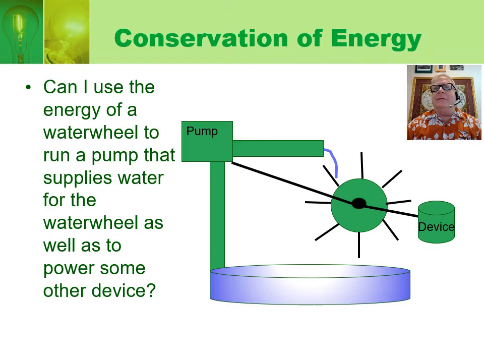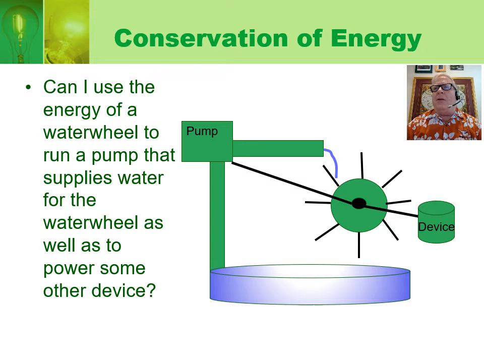We realize intuitively, I think, that this doesn't work because it's like you're getting something for nothing. Not only are you getting enough energy out of the water wheel to run the pump, but you're also getting extra energy out to run the device. We realize it doesn't work because we understand the law of conservation of energy.